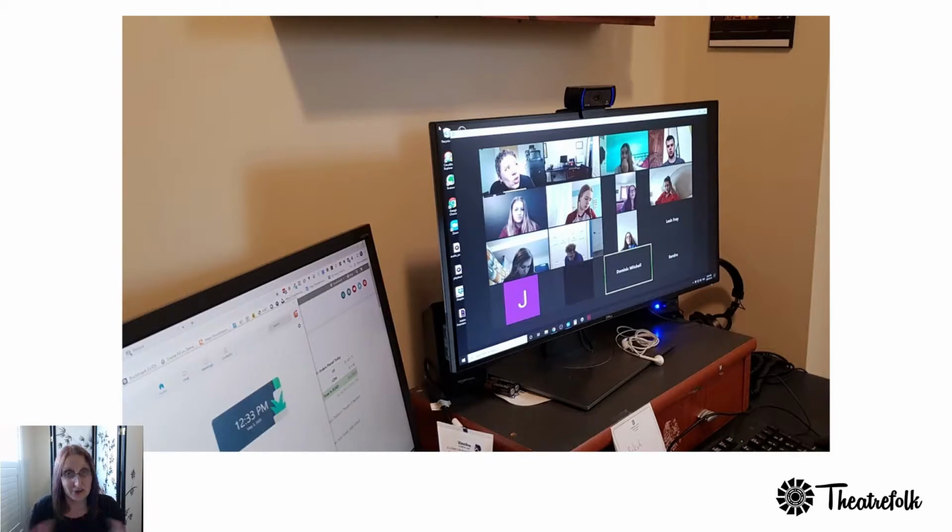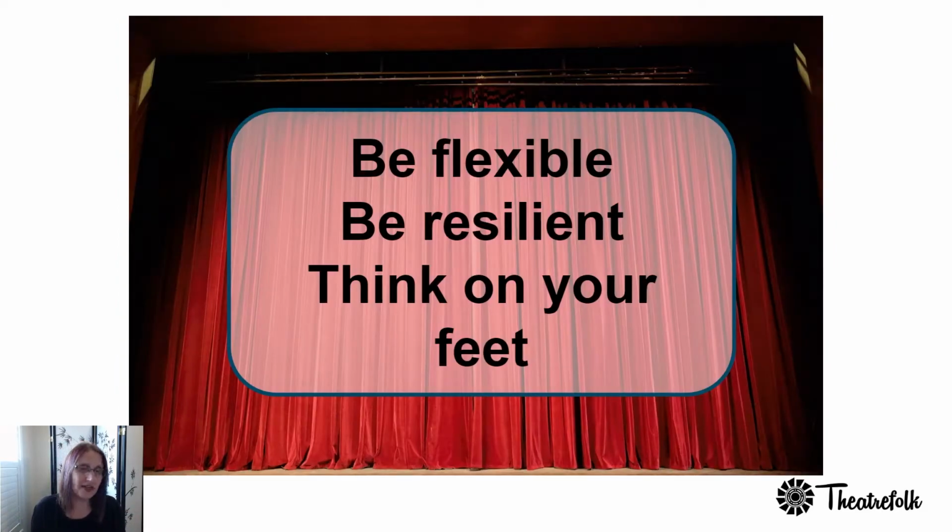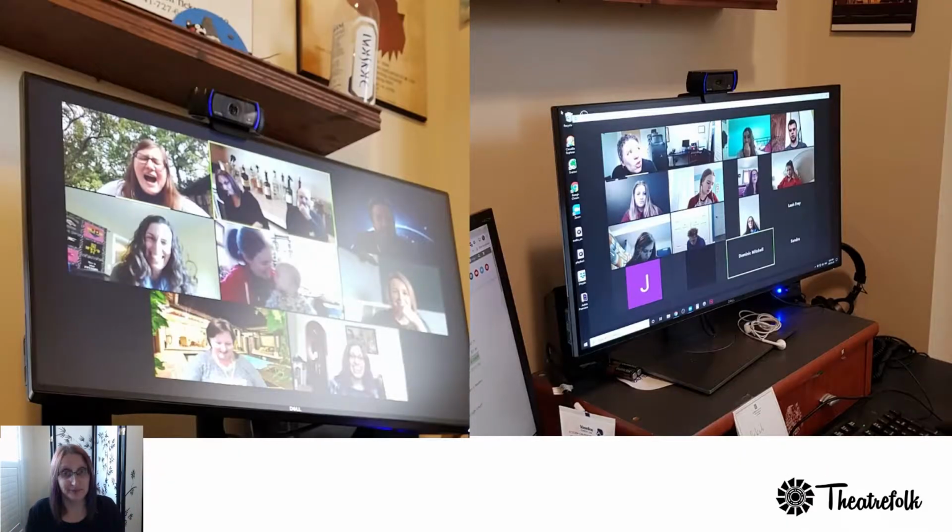It is a different world, certainly, but the great thing is that theater is all about being flexible. Theater is very resilient, and being able to think on your feet is really important in theater, and a Zoom performance encompasses all of that.